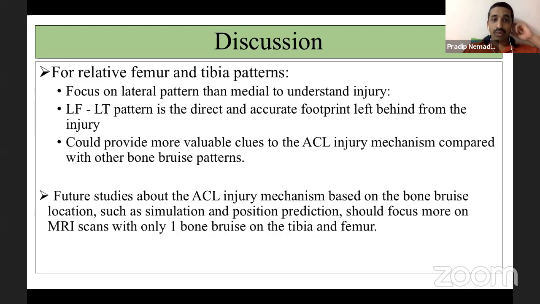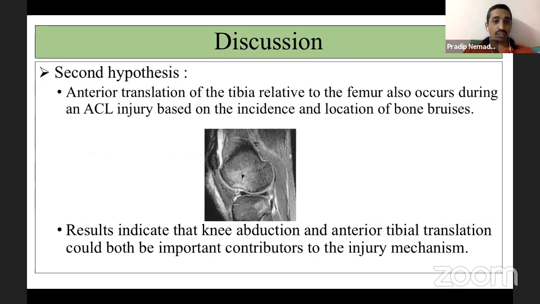As far as the femur and tibia patterns are concerned, we should focus much more on the lateral pattern to understand the mechanism of injury, since the LFLT pattern is the direct and accurate footprint left behind after the ACL injury, and that could provide more clues to the ACL mechanism of injury compared with the other bruise patterns. So future studies should focus on these patterns.